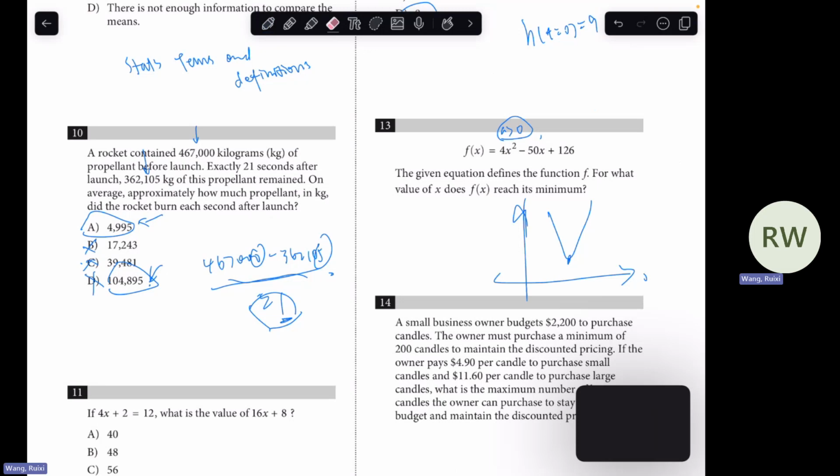This one's a little bit calculation intensive, but if you remember the formula, it's negative b over 2a. So you need to do some calculations: 50 divided by 8, which gives you 25 over 4.